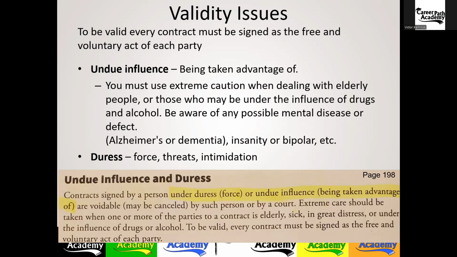That's kind of a red flag indication that there may be something amiss there. If you've got to go to the hospital bed to get somebody to sign a contract, they should be appointing somebody to handle their legal affairs if they're not competent enough to do it on their own.